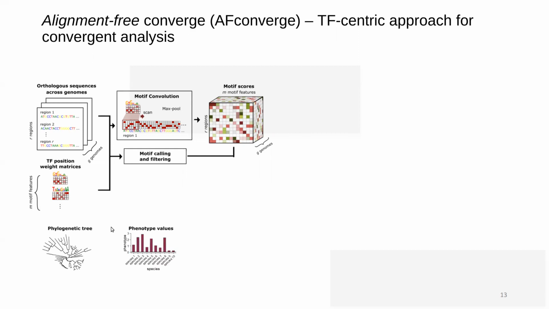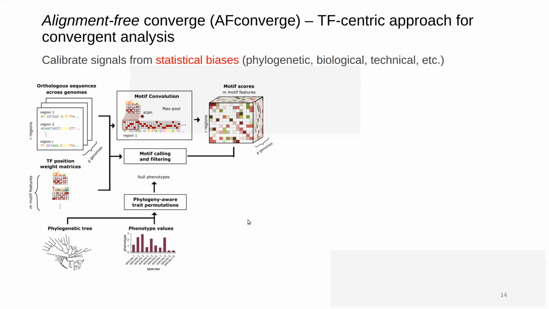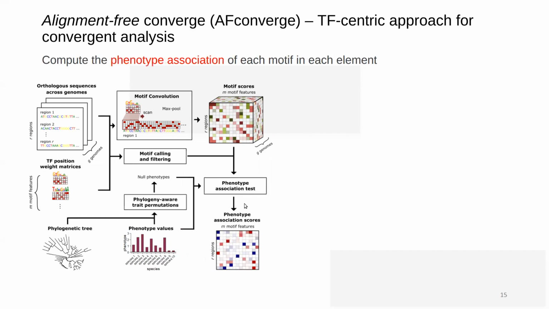Given a specific phenotype and a phylogenetic tree, one of the really important steps of this analysis is we generate lots of null phenotypes which match this phenotype in a statistical way, but are not expected to produce any convergence signal. Together with the null phenotypes, we can assess how well the values in this tensor are associated with the true phenotype of interest.